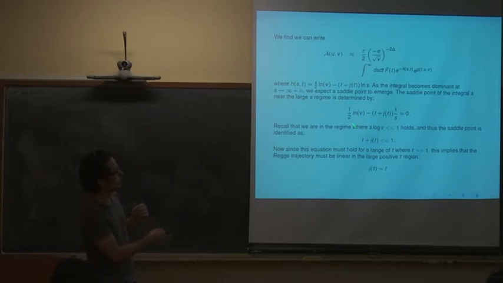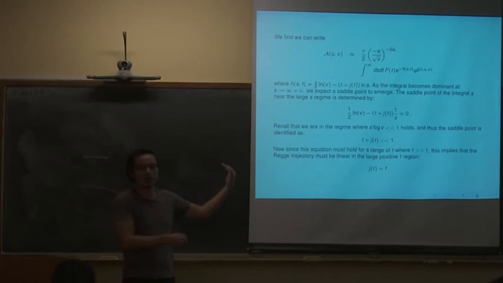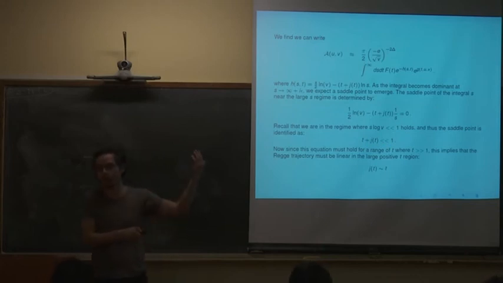So in order for this to even have a solution, T plus J(T) has to be smaller than 1. This has to satisfy this criterion in order for a saddle point to exist. But remember that we're looking at T to be large. So if you think of J(T) as a polynomial, in order for this to be true, J(T) has to be linear. It cannot be any higher power than T, because if it's a higher order power than T, then at large T this cannot be satisfied.